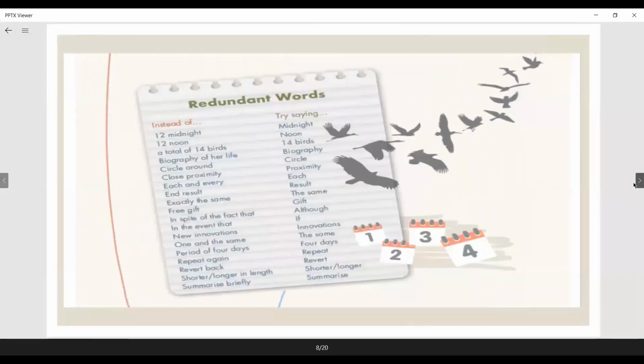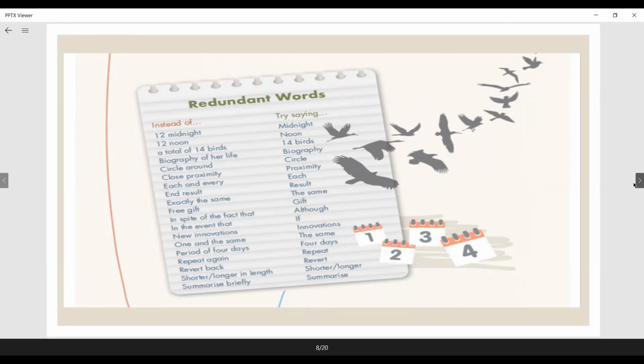Then again, the redundant words that I was describing in the class too, there is a quick list for your recap. So instead of list and try saying, you have to compare both of these lists, and memorize them and try to retain these words in your own practice when you are writing. Try to avoid the words on the left and try to say the words on the right which I've mentioned in this slide.